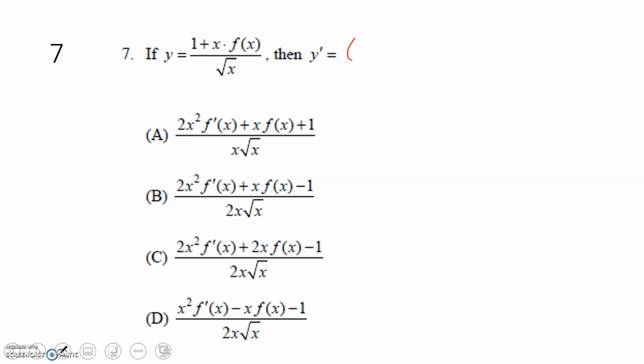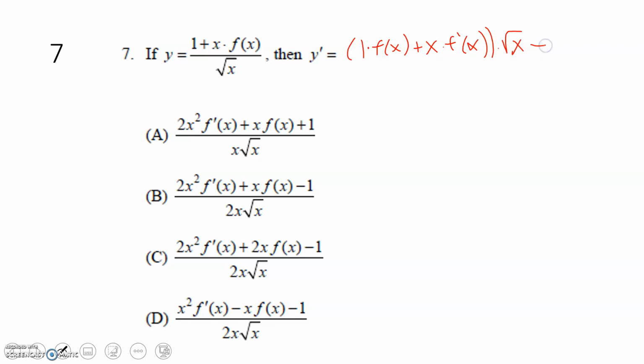So the derivative of x is 1 times f of x plus x times f prime of x. So that's our numerator. And then we multiply by the denominator.